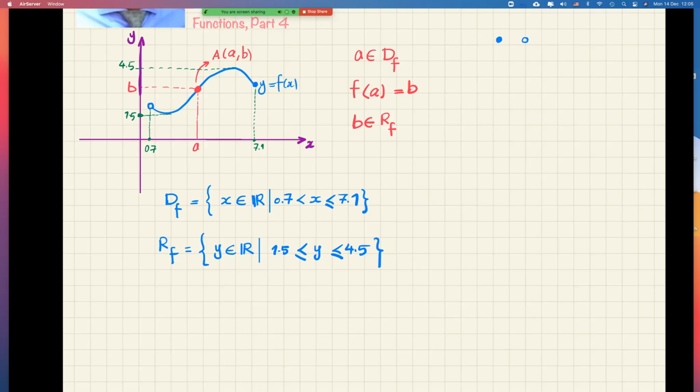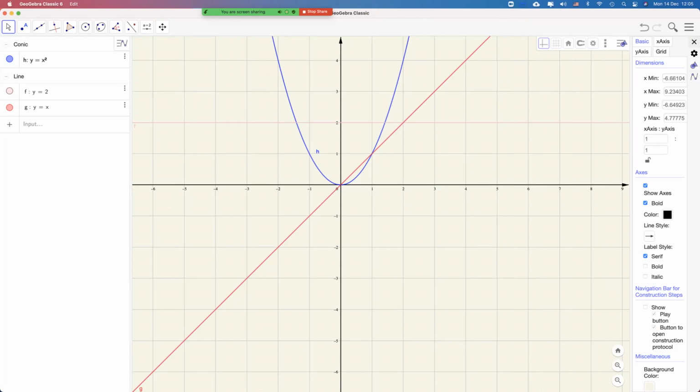So for example, if I give you this one, by the way, let me exclude these two first. By looking at this graph, you see, when there are no endpoints, this graph will continue forever. Assume that I give you the graph of this function and I tell you that this graph will continue forever from both sides.